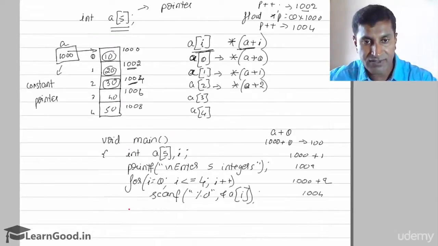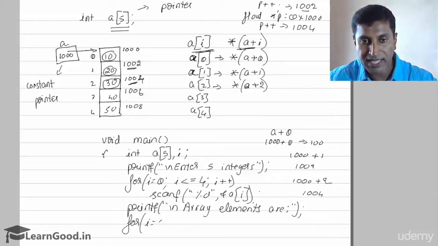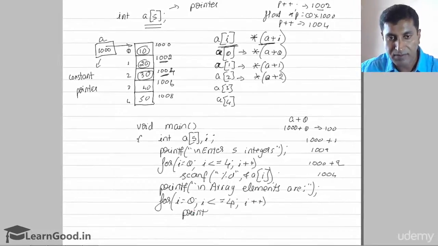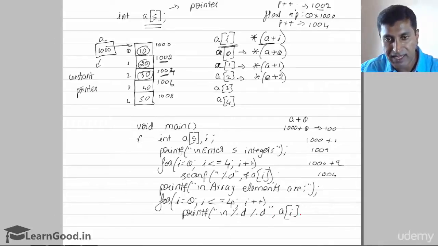You have read the values, printf array elements are, take a for loop, I equals 0, I is less than or equal to 4, I plus plus, and here you can give printf /n %d and you can give a square bracket of I, as well as asterisk of a plus I. So both these places you will get the same value.